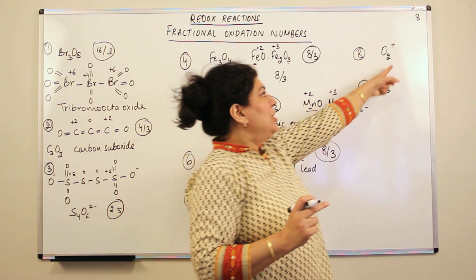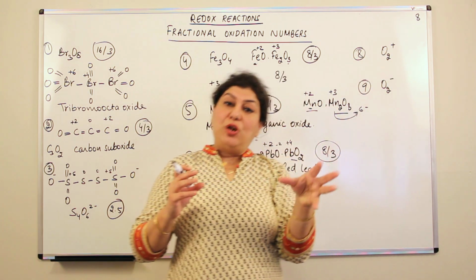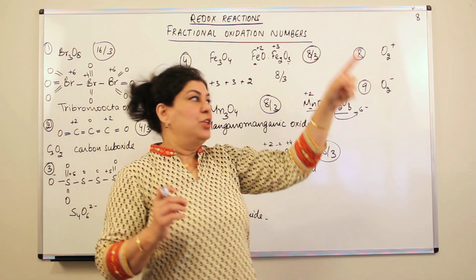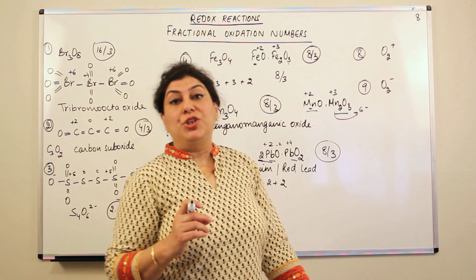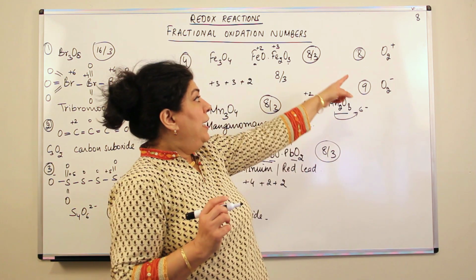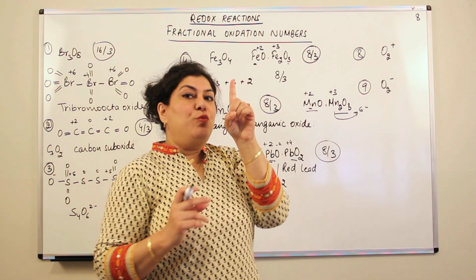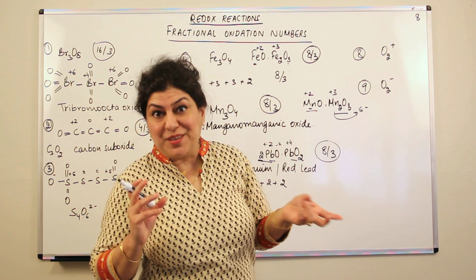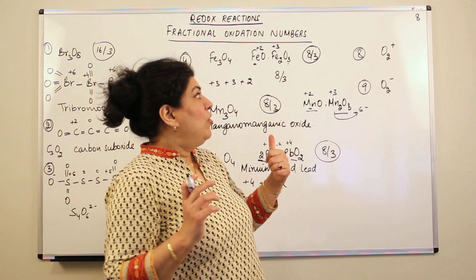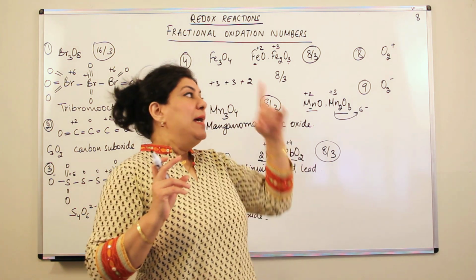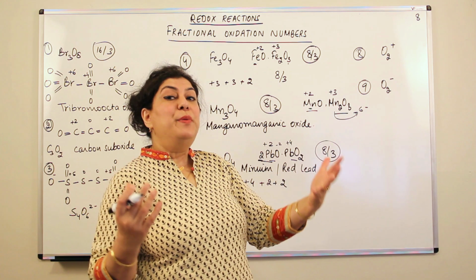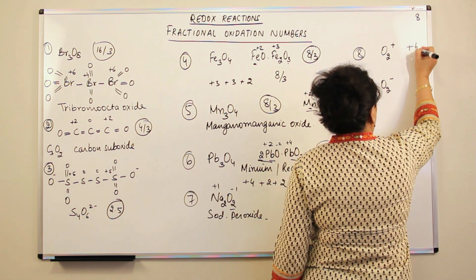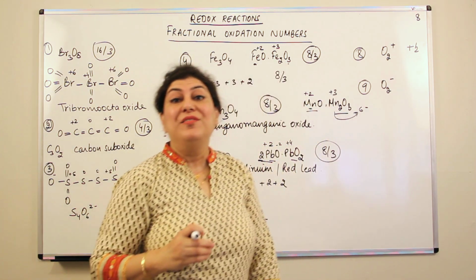Therefore, for such an ion where you have atoms of the same element, but the entire species has a charge, how would you assign the oxidation number to oxygen here? In O2 positive, there is 1 positive charge being contributed by 2 oxygen atoms. So 1 oxygen atom is exhibiting a charge of +½ or +0.5.